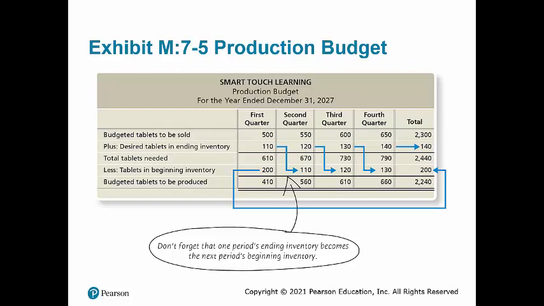We take 200 and subtract it from 2,440 to get the budgeted tablets to be produced of 2,240. Now you can add the budgeted tablets to be produced in the first, second, third, and fourth quarters, and you will still get 2,240 in the total column.